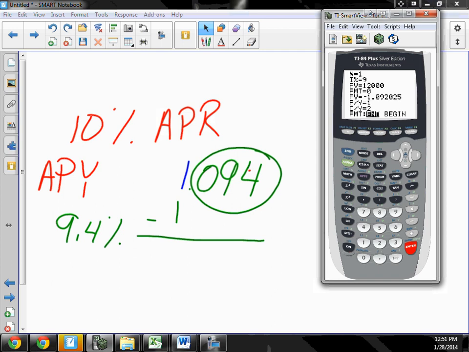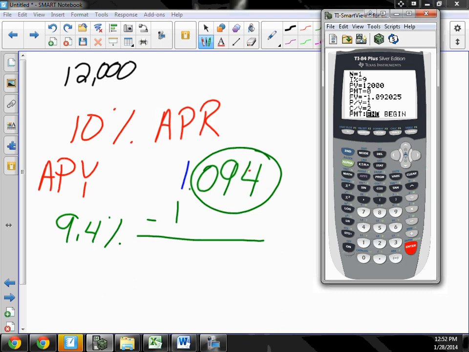Now, we started this with $12,000. Is the APY bigger, smaller, if I would have only invested $10? It's the same. So when you're calculating APRs and APYs, the amount of money you put in has no bearing.